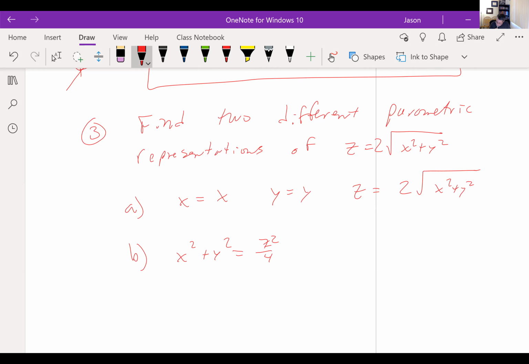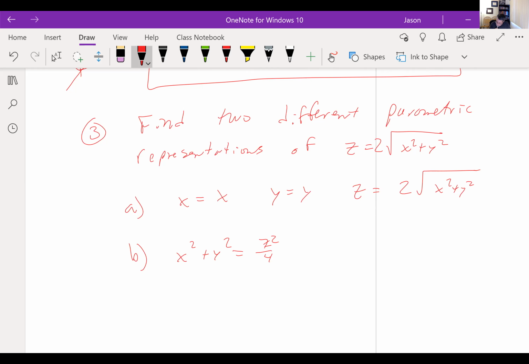So x is equal to A times the sine of phi times the cosine of theta. Oops, sorry, A cosine theta sine phi. Okay, y is equal to A sine theta sine phi, and z is equal to A times the cosine of phi.